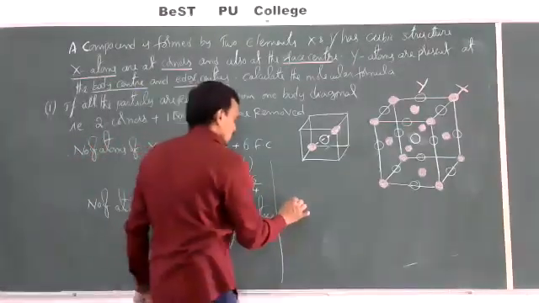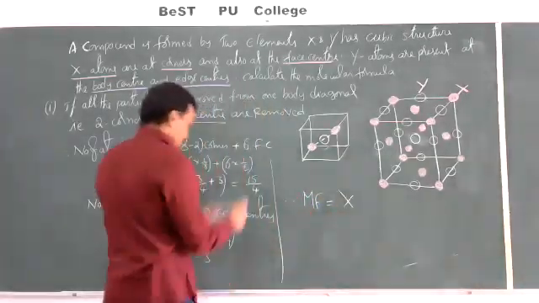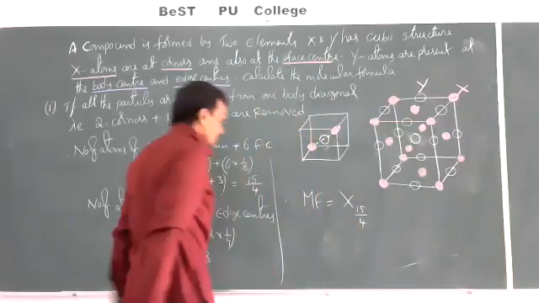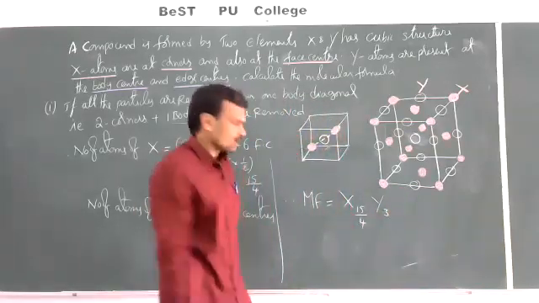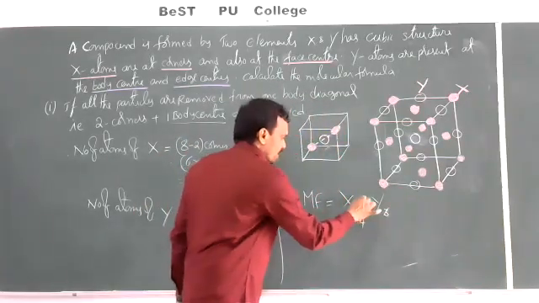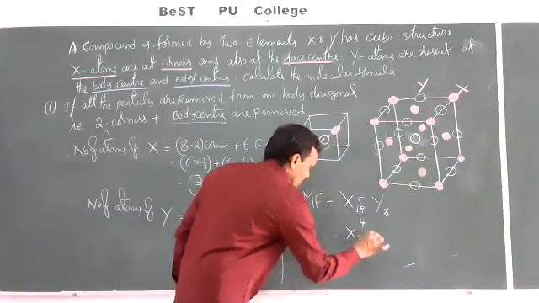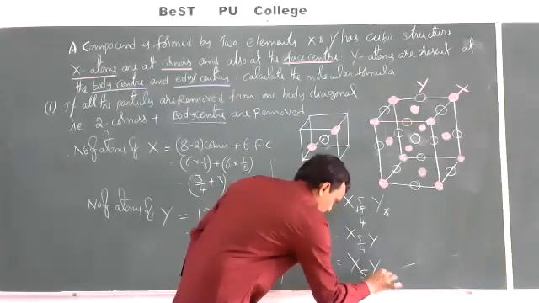Therefore, the molecular formula is X, how much? 15 by 4. X 15 by 4, Y 3. Now this will cancel, 5 times will get cancelled. That means X 5 by 4, Y, this is equal to X 5, Y 4.